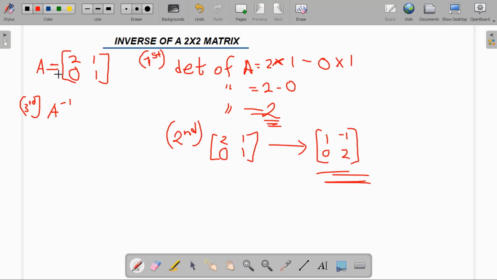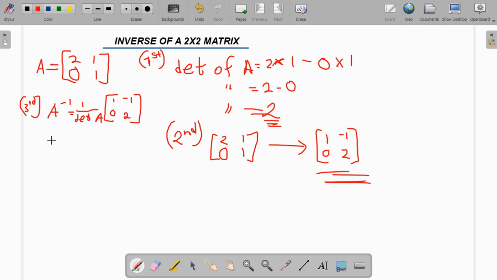We are going to say the inverse of A is equal to 1 over the determinant of A, and then multiply by the matrix that you have been given, a new matrix: 1, 0, -1, and 2. So the inverse that you have been given, that one.